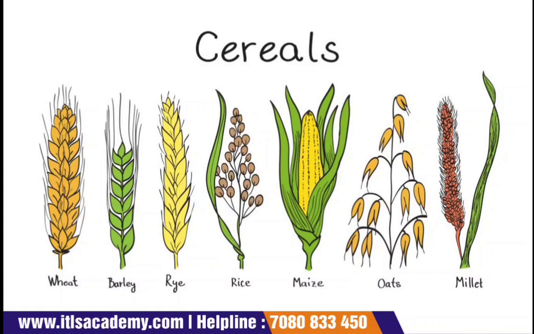Every cereal has more carbs as compared to other nutrients. But yes, they have certain types of nutrients just to compensate for any kind of deficiency. But they always have rich properties of carbohydrates in them.